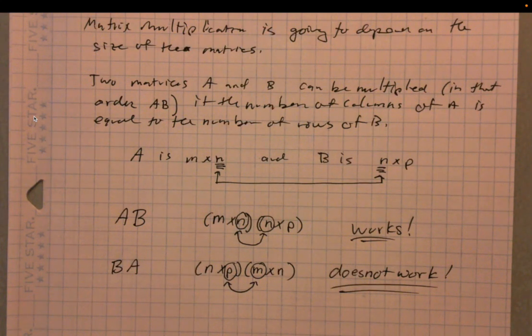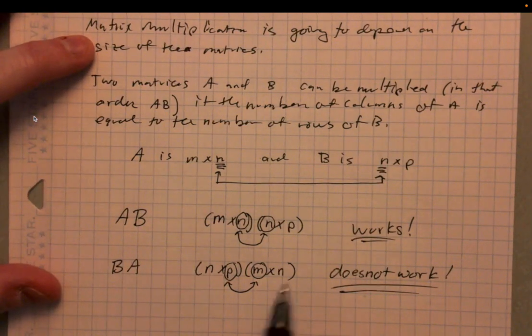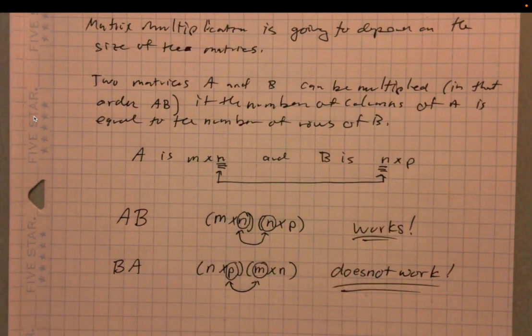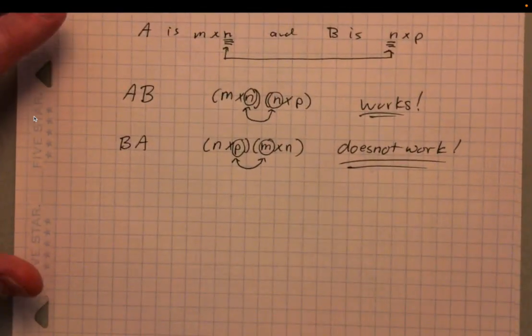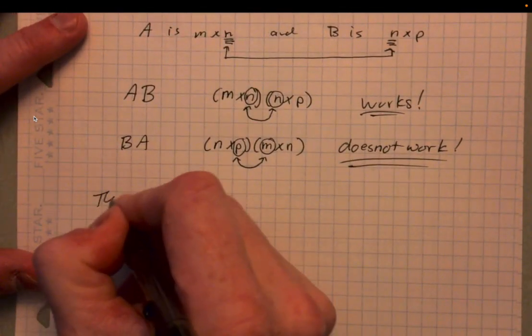And what ends up happening here is when I multiply two matrices together, I get a new matrix, obviously. And what are the dimensions of the new matrix?